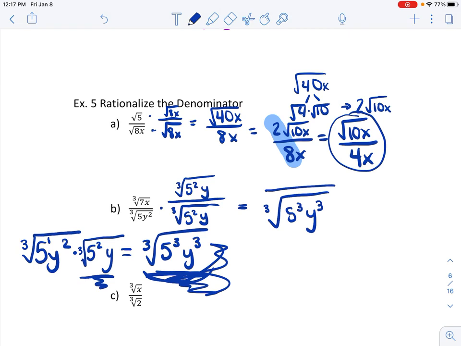over, and then go ahead and just multiply things, the cubed root of, well, 7 times 5 is 175. And then x times y, just xy. And then we finish simplifying the denominator.